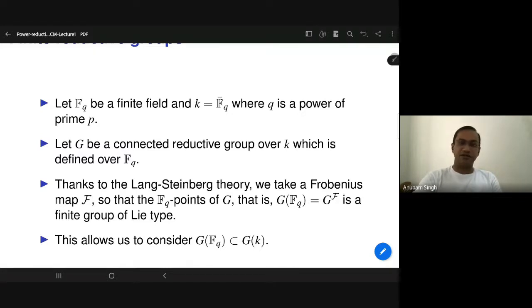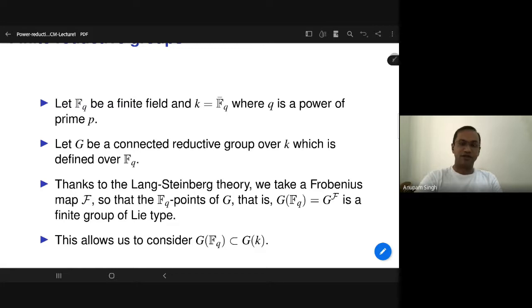Then you can use Lang-Steinberg theory to say that I have a Frobenius map F, so that the F_q points are exactly obtained by looking at the fixed points under that Frobenius map.